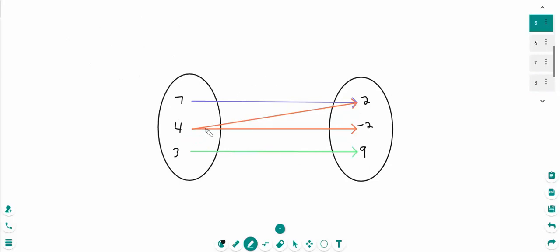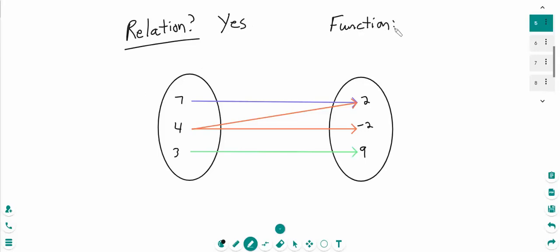So what do you think about this one? Is this one a relation? Is it a relation? Answer? Yes, it is. Yes, it is a relation. Is it a function? You tell me. Is it a function? No, it is not.